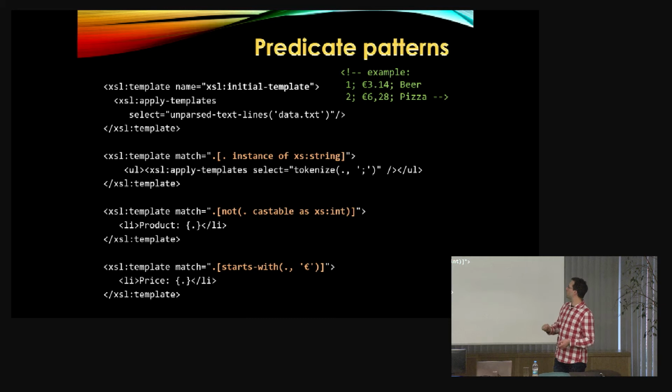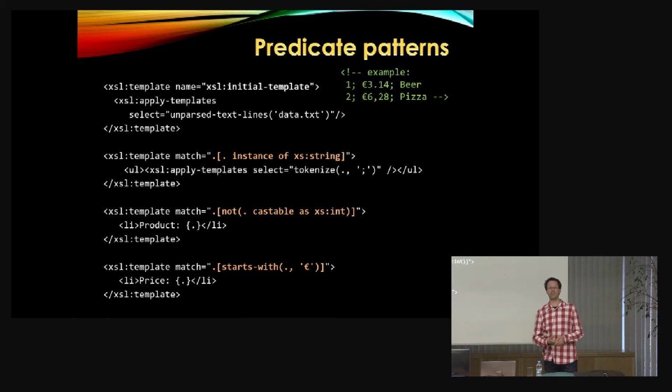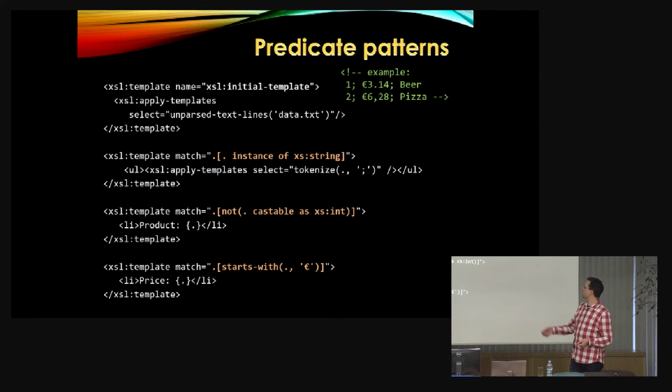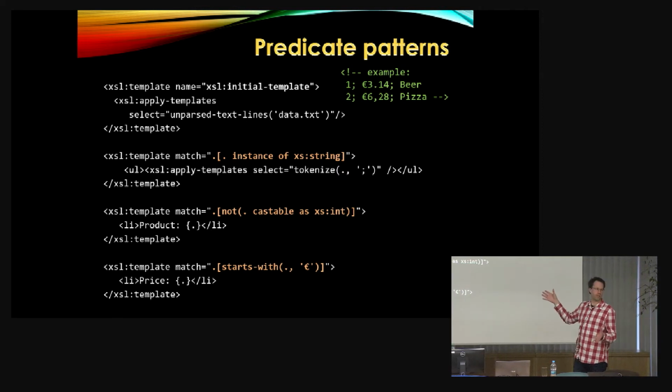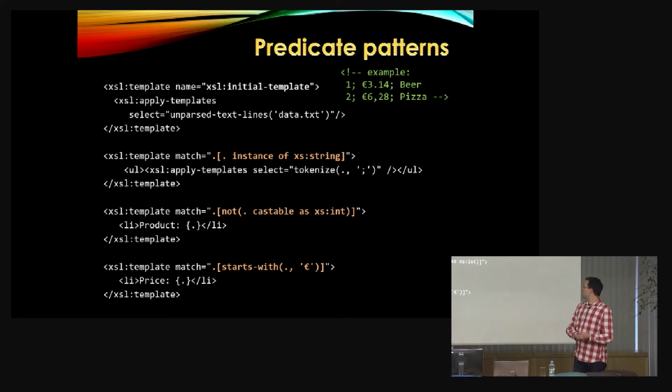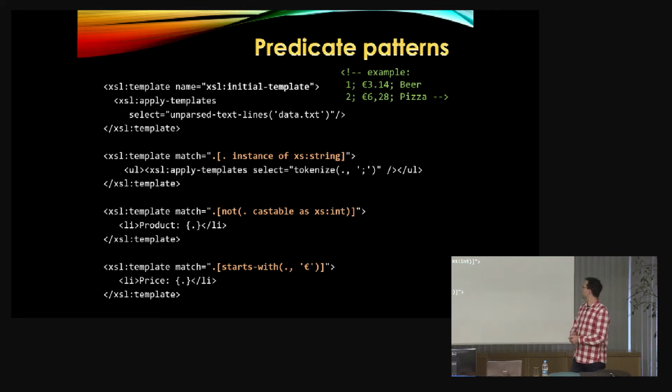In the second template, the only thing it's doing is checking for whether or not it is an xs:string. Everything is a string. They're just the lines of the text. Then it tokenizes that. Basically, this is like CSV data. You see a little bit of an example on the top right. When it's castable as an int, we are interested in that.